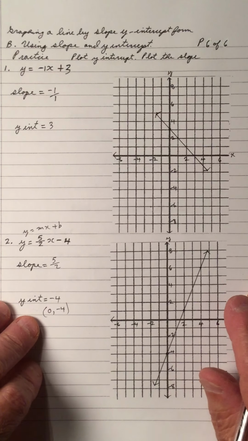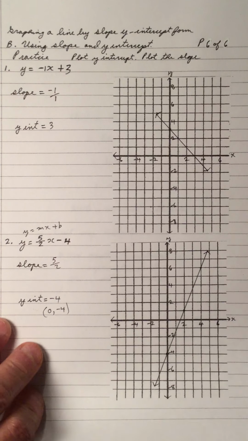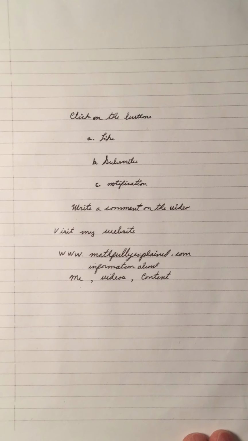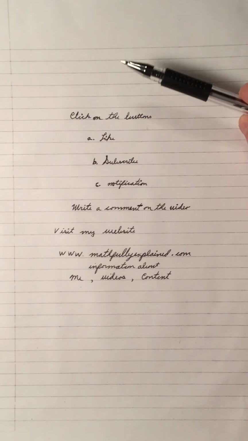So that's graphing a line given in slope-intercept form 2 ways. You can use the table of values, or you can use the y-intercept and the slope. The faster way is to use the y-intercept and the slope.